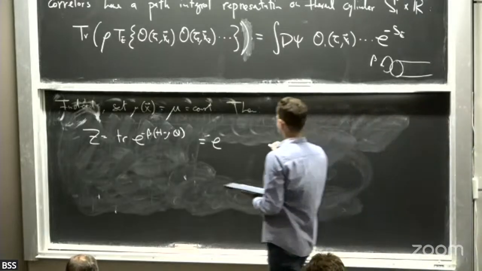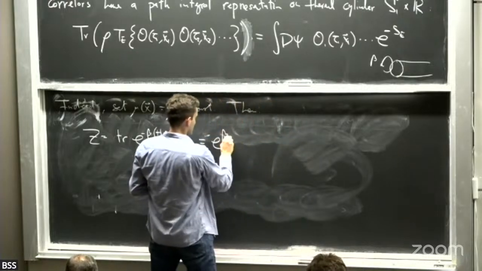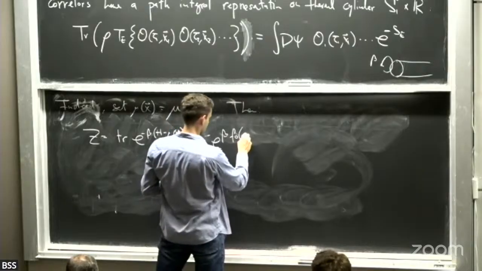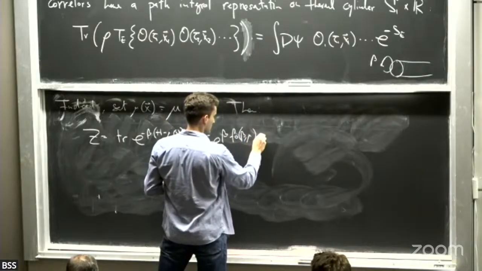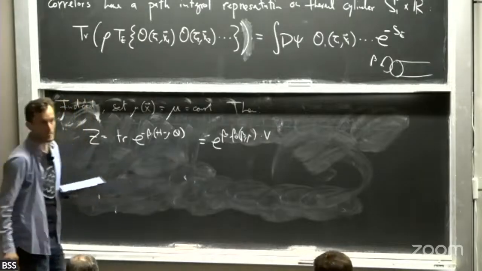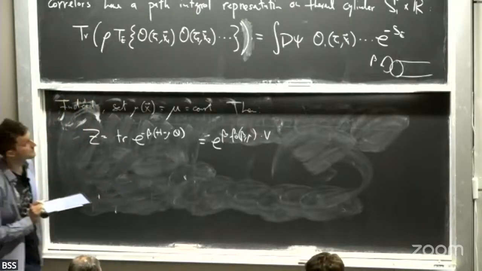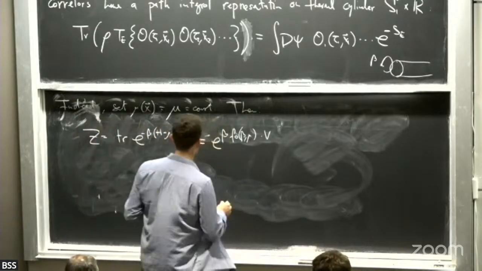And our thermal effective action just gives us F0 times volume. Sorry, there's no factor of beta.